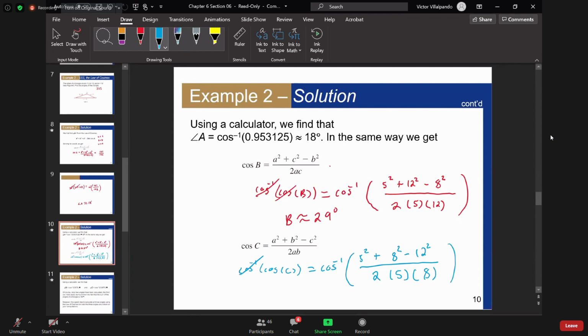This cosine inverse cancels out with that cosine, and then we're just left with C, which is angle C. So I should have done that for B. I forgot the angle symbol.